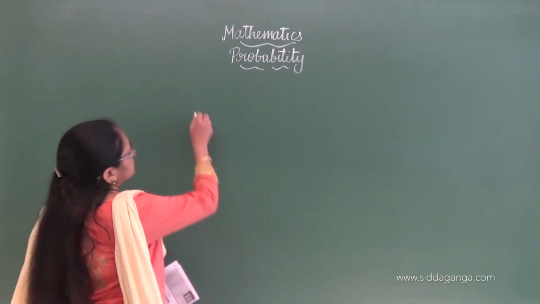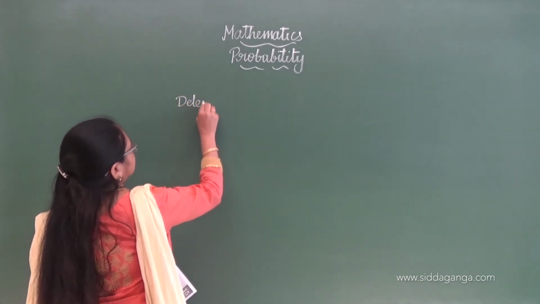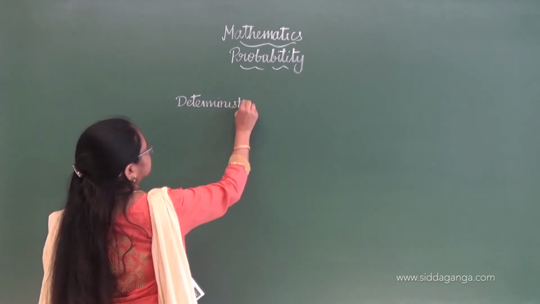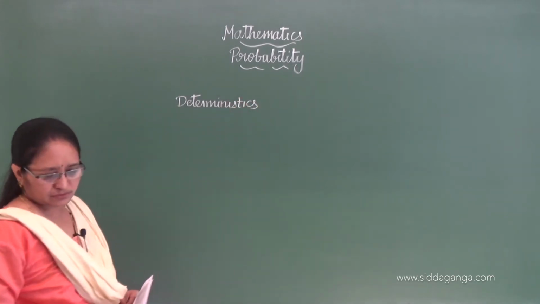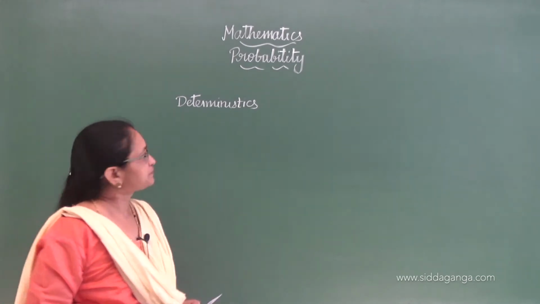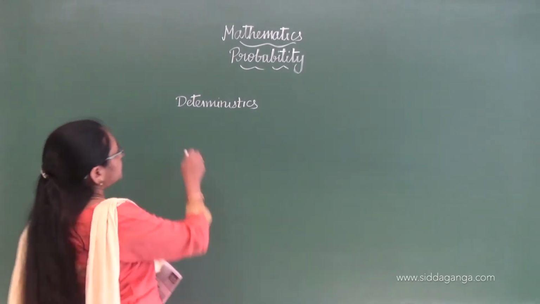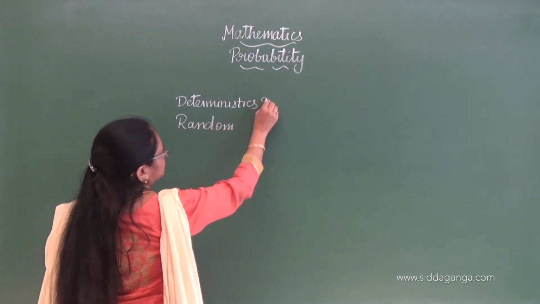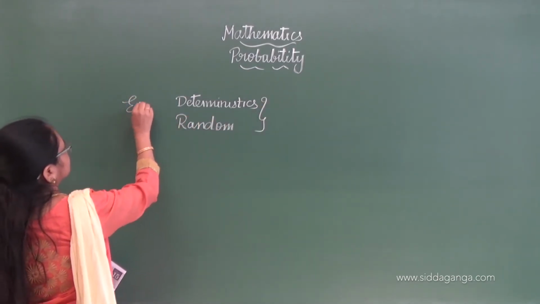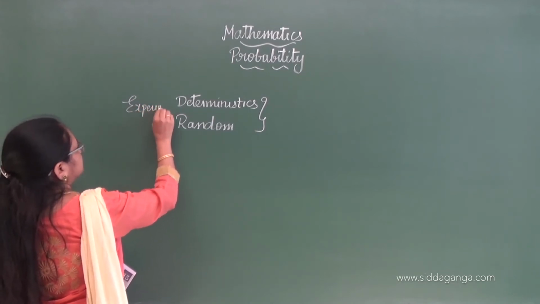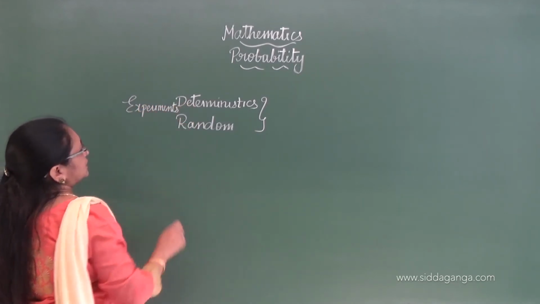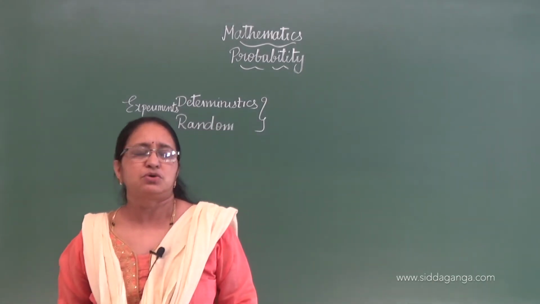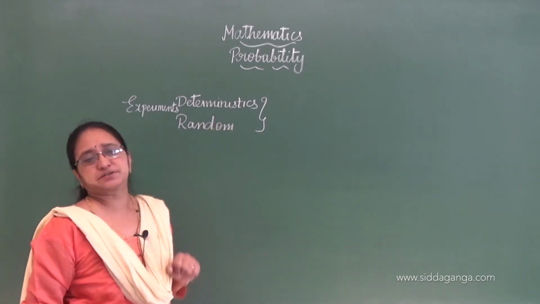One is deterministic, and the second one is random experiment. So there are two types of experiments. What is the meaning of deterministic?